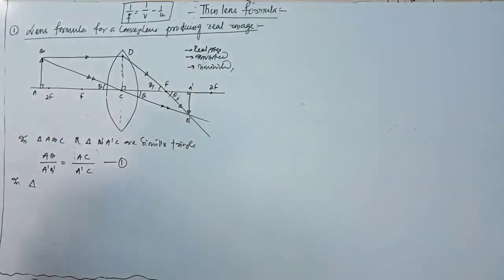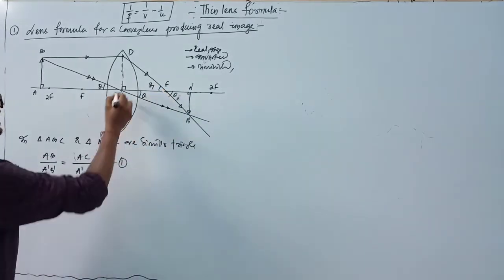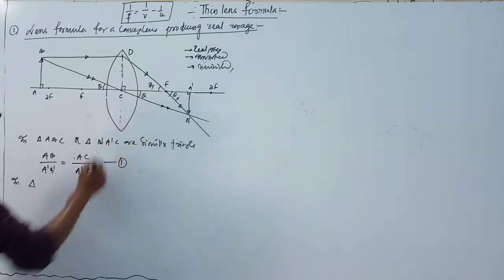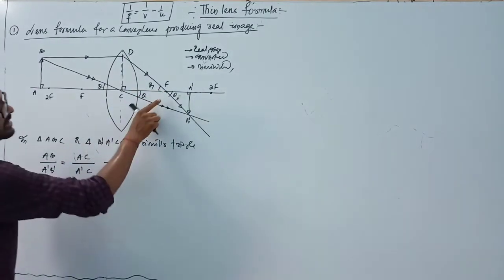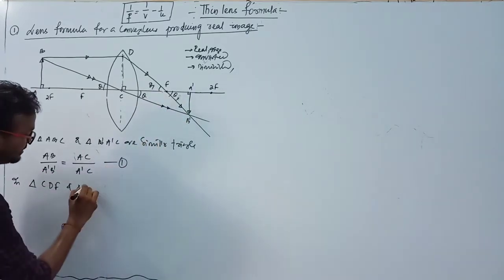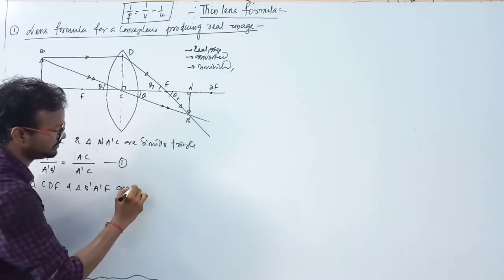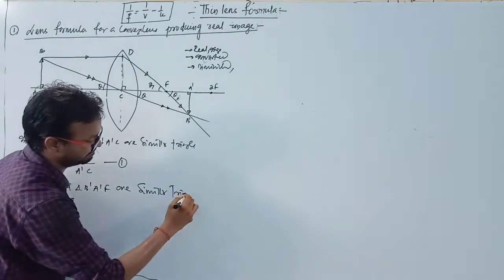So you can write in triangle CDF. What is F? F is the common point, like C is the common point. So triangle CDF and triangle B dash A dash F are similar triangles.